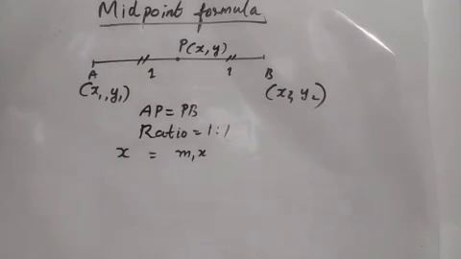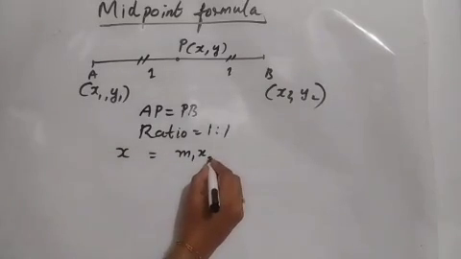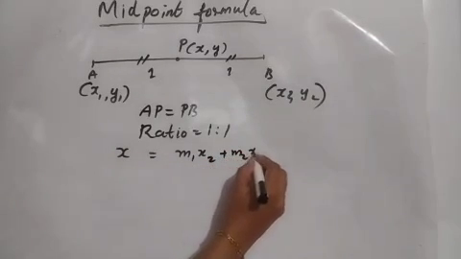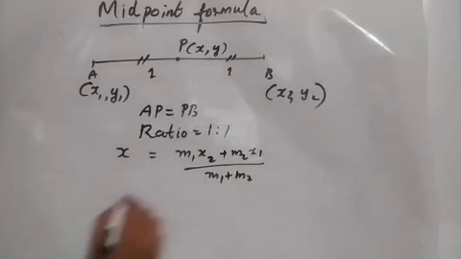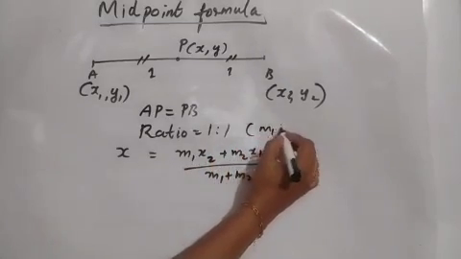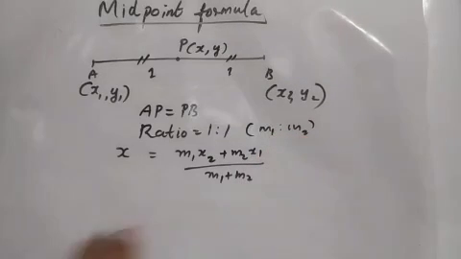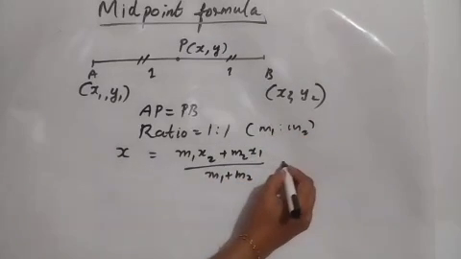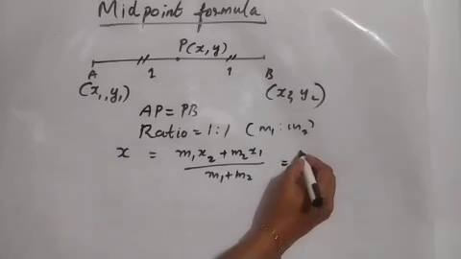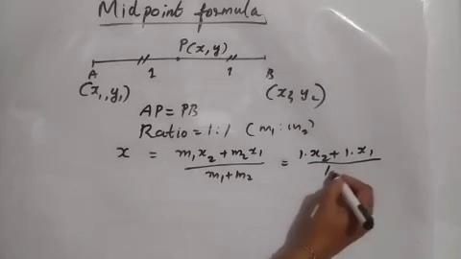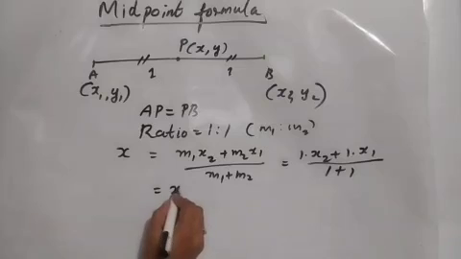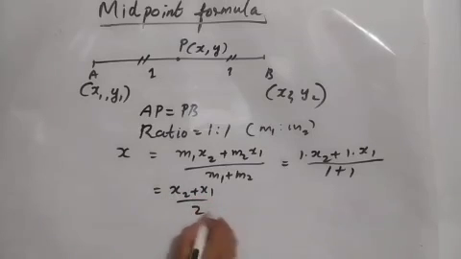How can we replace m1 x2 plus m2 x1 by m1 plus m2? We can substitute the ratio as 1:1, that is m1 is 1 and m2 is 1. How can we change this? m1 is 1 means 1 into x2 plus 1 into x1 by 1 plus 1. That is x2 plus x1 by 2.